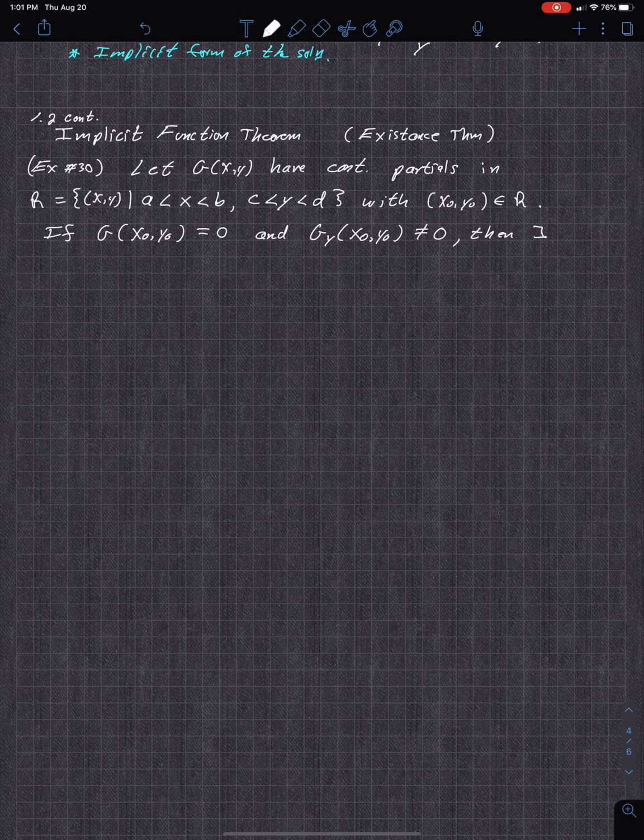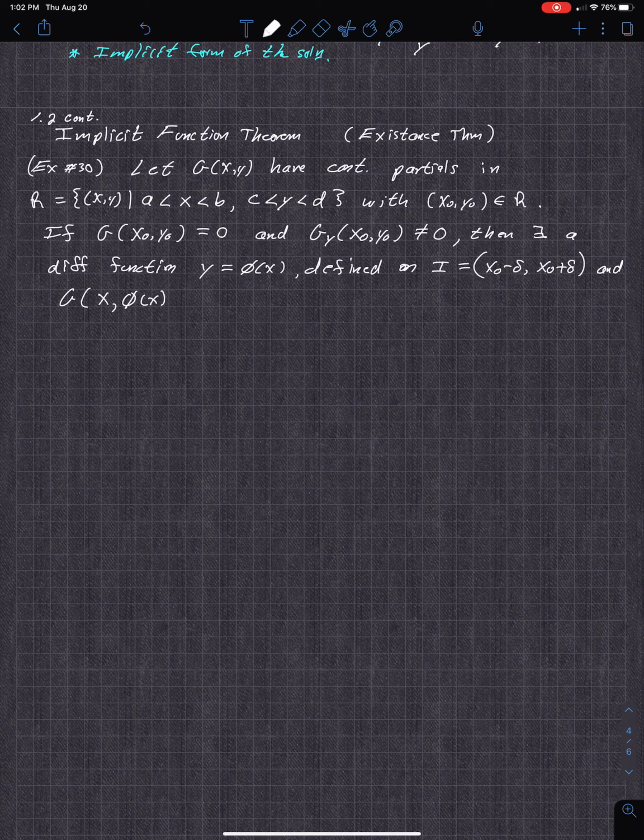Then there exists a differentiable function y equal to phi of x defined on the open interval (x naught minus delta, x naught plus delta), where delta is a small positive number, and g of x, phi of x is equal to 0 for all x in I, that open interval.